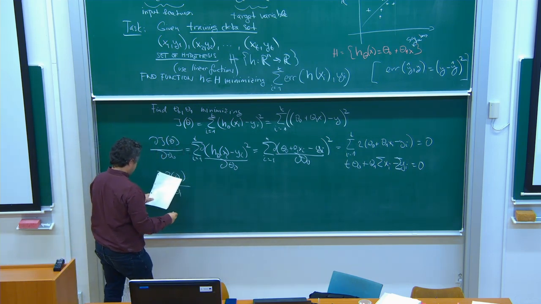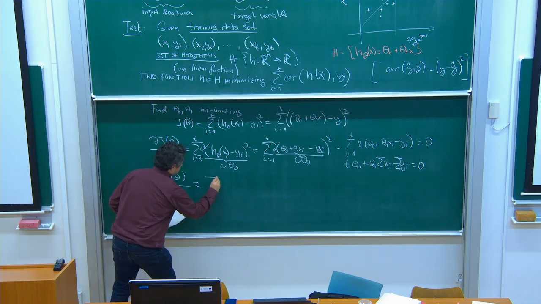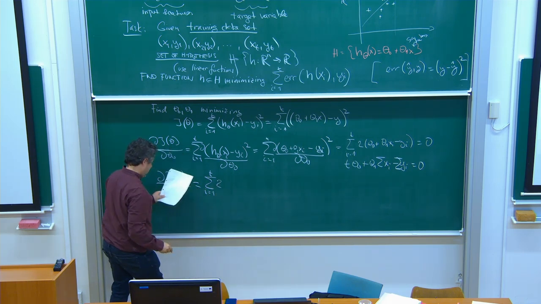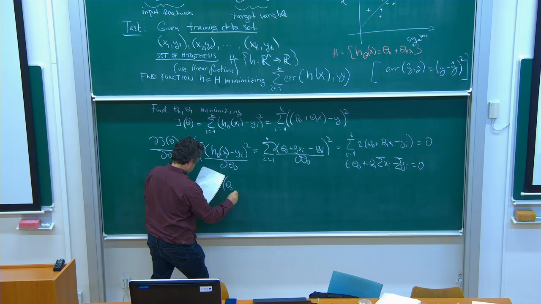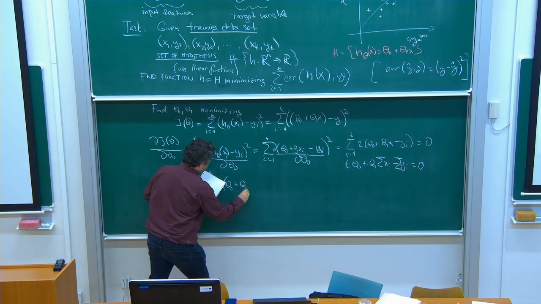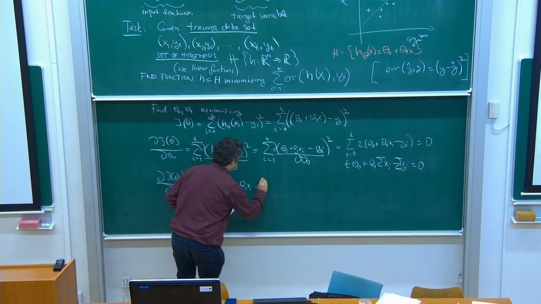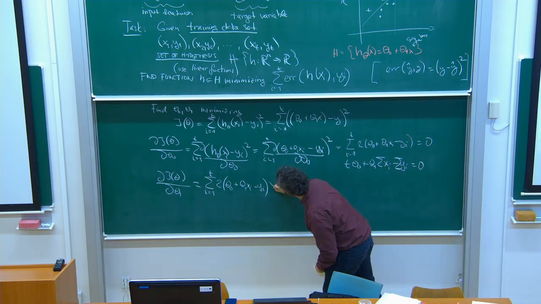It's the same exercise basically. I will just write it down. So it's the sum of 2 times theta 0 plus theta 1 x i minus y i. But now there will also be x i here.